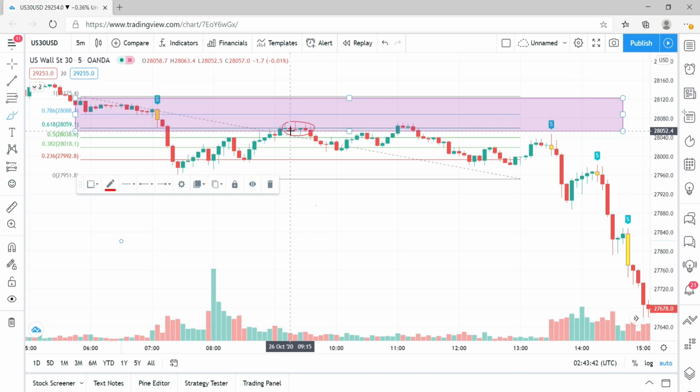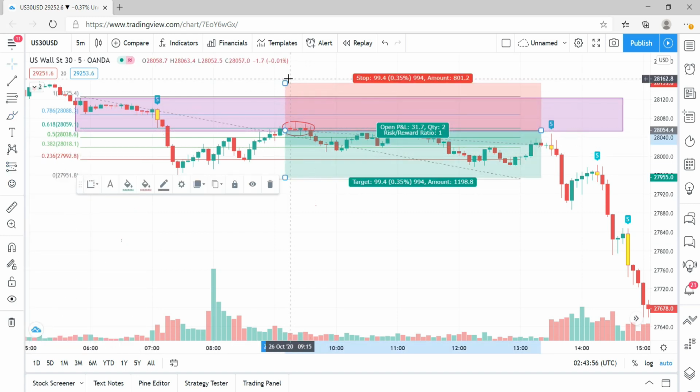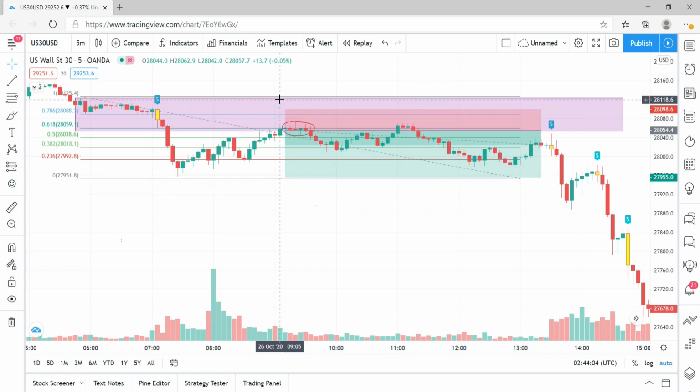And we can actually put the stop loss either behind the 0.786 or behind the zone. So this trade right here, we have a nice little short position. And as soon as price hit that zone, we can either put the stop loss right here or a little bit behind this 786.